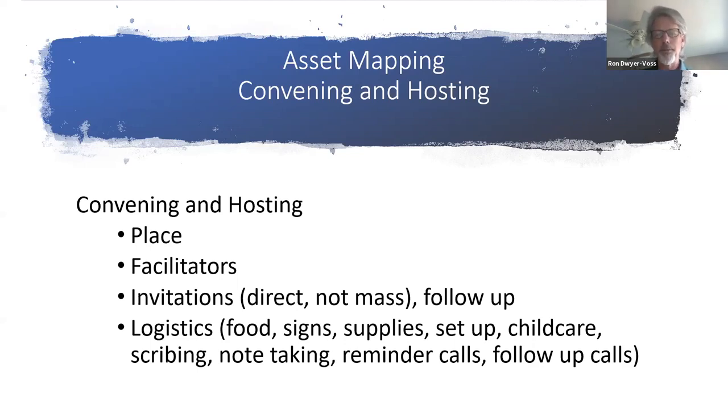So that's a whole other webinar on community engagement, but for asset mapping, it's really important to do direct invitations and follow up. And when it has the endorsement of the library or museum or school behind it, then people trust that their individual relationship with the person they're inviting, as well as the host, makes it a worthwhile decision to leave home that night and go there.